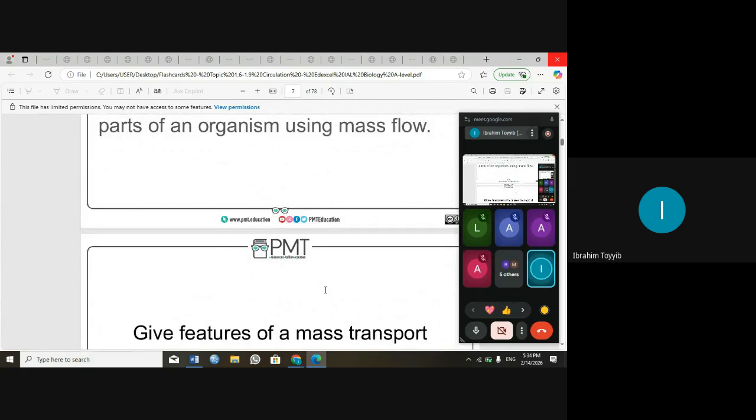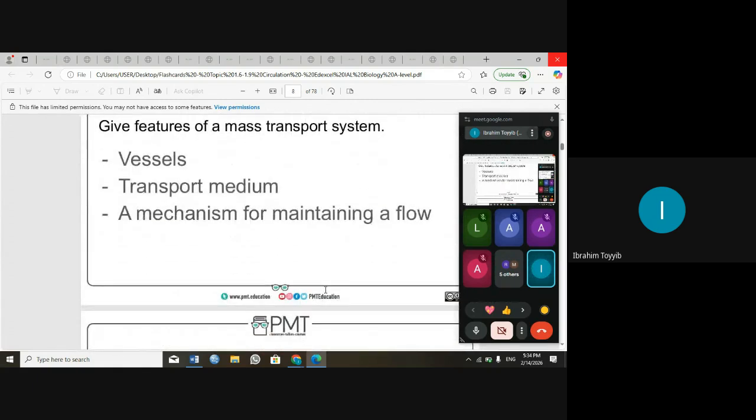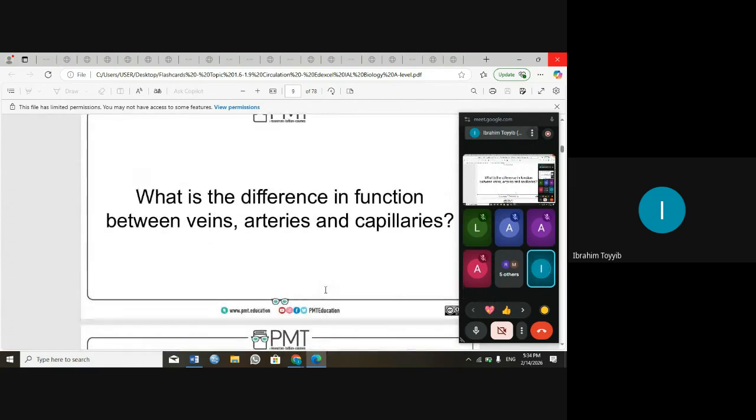You have not gotten to our question yet. So who can tell us this? We have not looked at the vein structure and the artery structure.